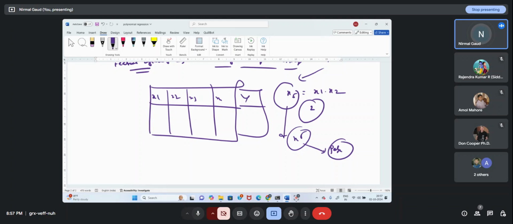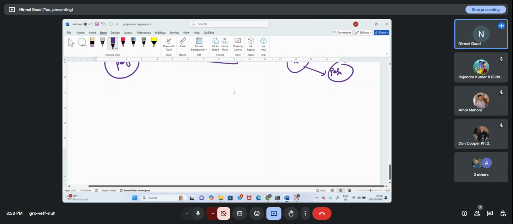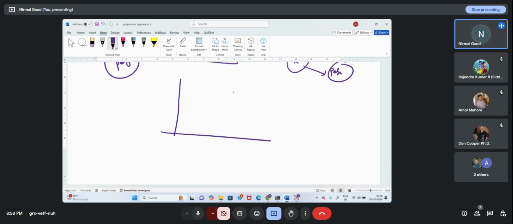So either I did feature engineering and got some higher order term, or even if I haven't done any feature engineering, there are still higher order terms present in my data. For that purpose, I need to use curvilinear or polynomial regression. Then only I can fit the points, because the points will be fitted on the curve, not the line.